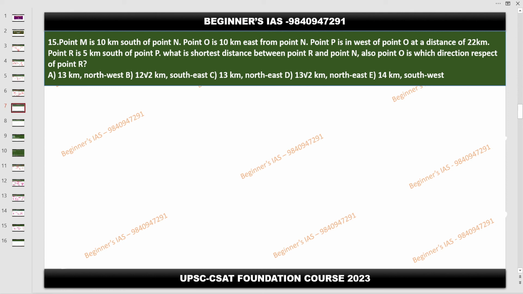Kirtana giving C. Anybody needs an explanation for this question? Kirtika giving C. If anybody requires explanation for this question, we will proceed. Anu needs an explanation. So fine.